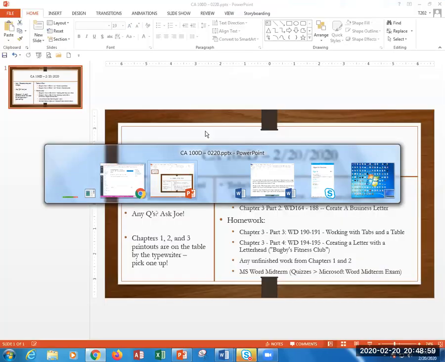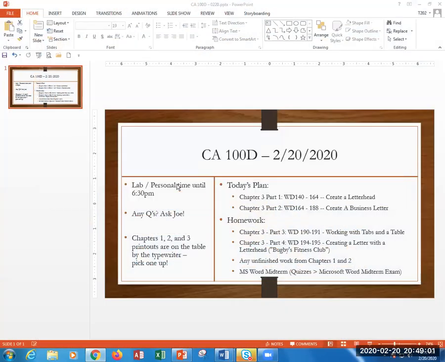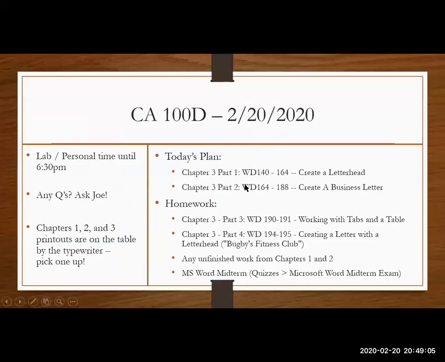So as I said in the beginning, the stuff that we did today is we created the letterhead and created the business letter. Your homework is to do pages 190 to 191, which is to create the October work schedule.